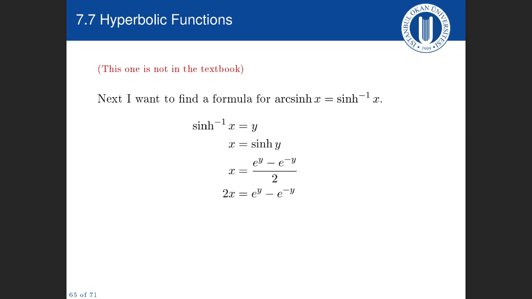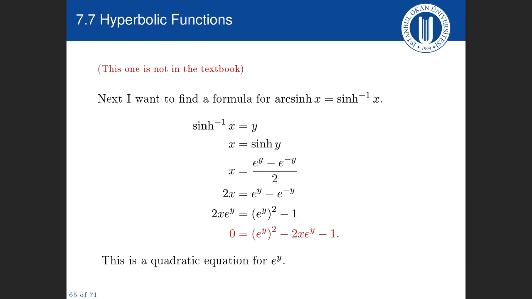So 2x is e to the power y minus e to the power minus y. Multiply everything by e to the power y. 2x e to the power y is equal to e to the power y squared minus 1. Or rearrange that, that's the same as 0 is equal to e to the power y squared minus 2x e to the power y minus 1.